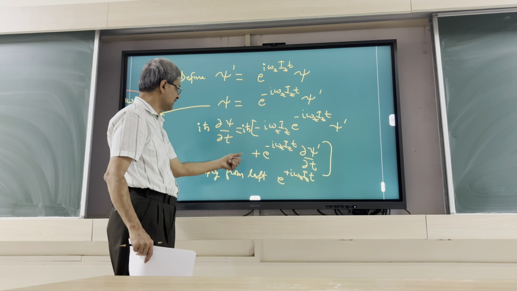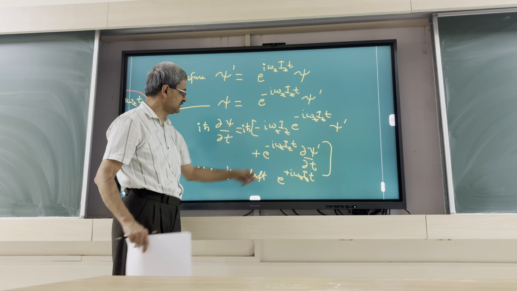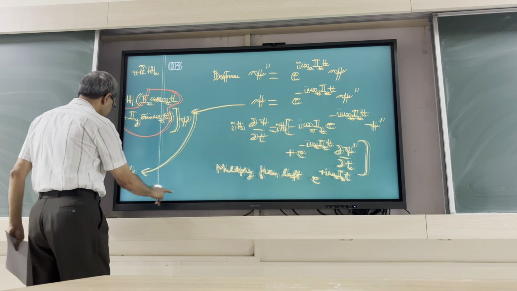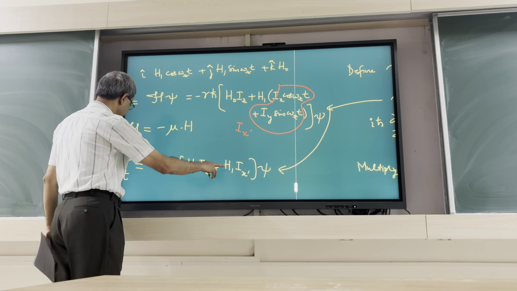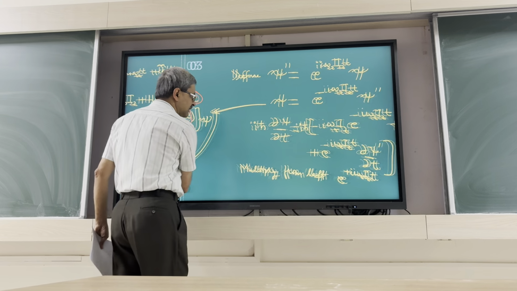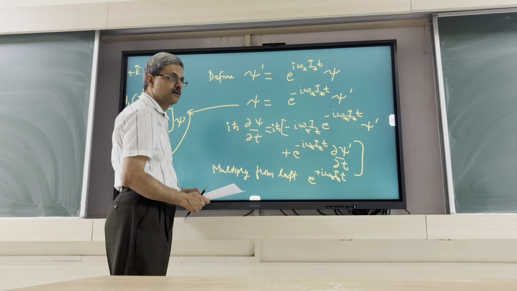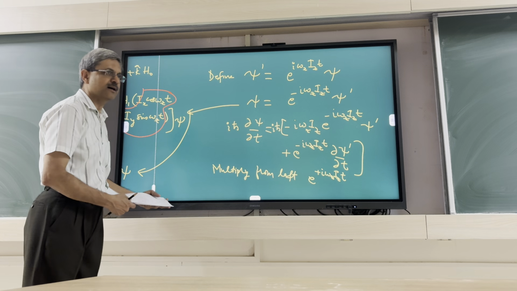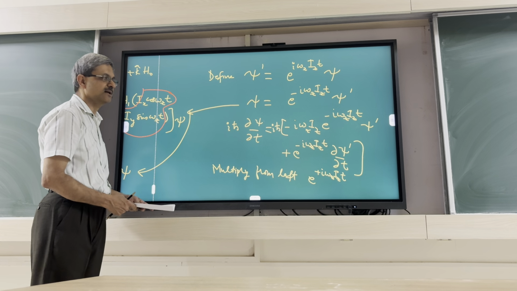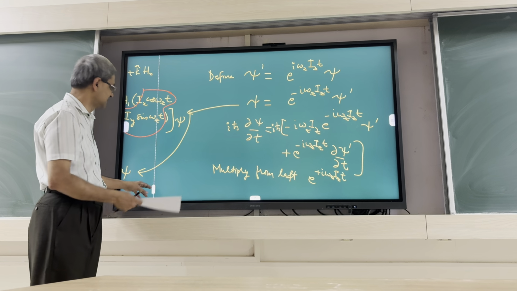So I multiply from the left by e to the plus i omega z I z t. So this will also appear over here, and that factor can directly be taken from the left hand side also, since psi already has that.